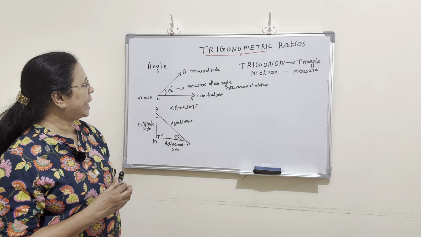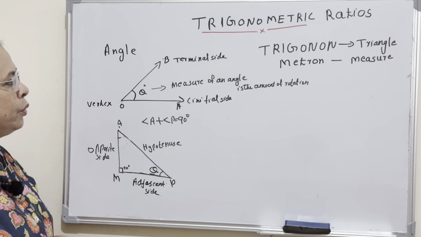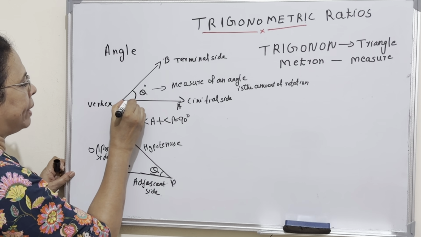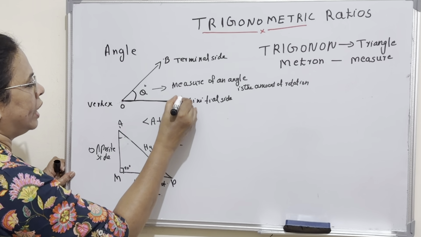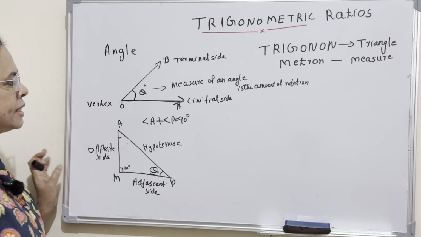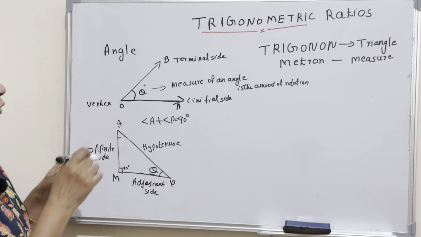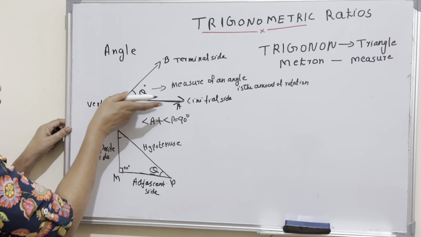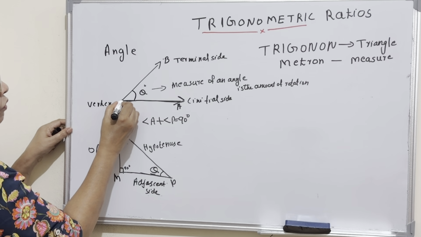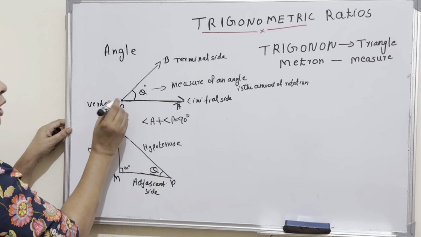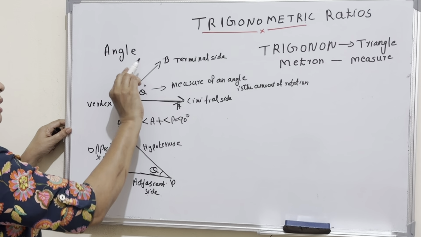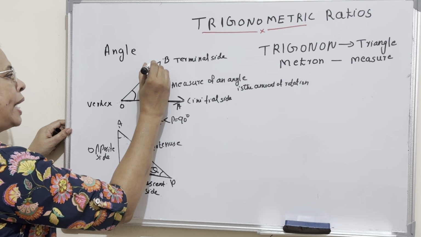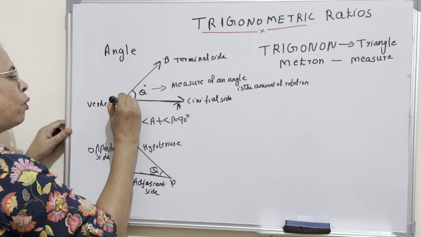Okay, when you consider an angle, let's see how you can draw an angle. Initially, we will make a ray. Let me call this ray OA. I am rotating this ray through a common point called the vertex, through this point O, and it reaches another side, the terminal side, ray OB.